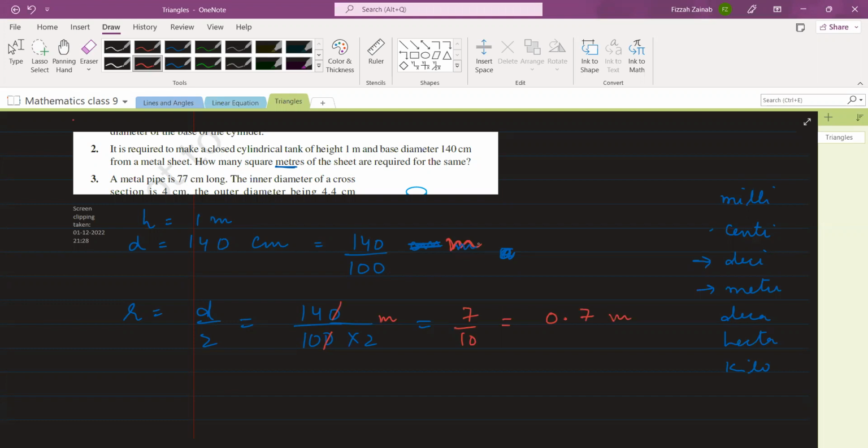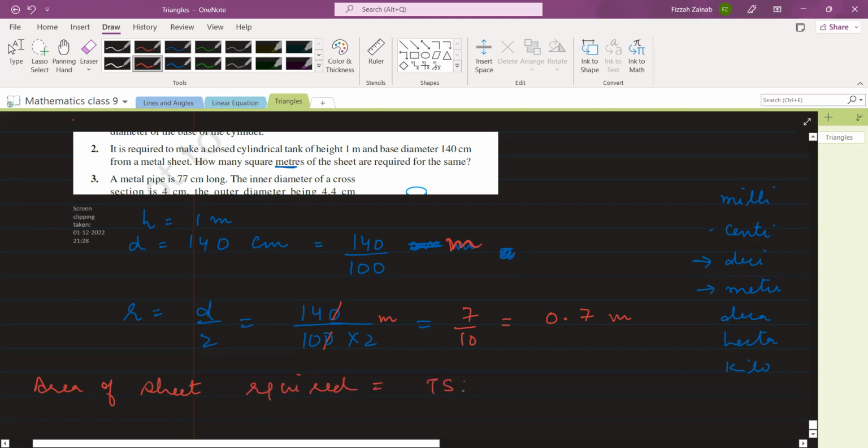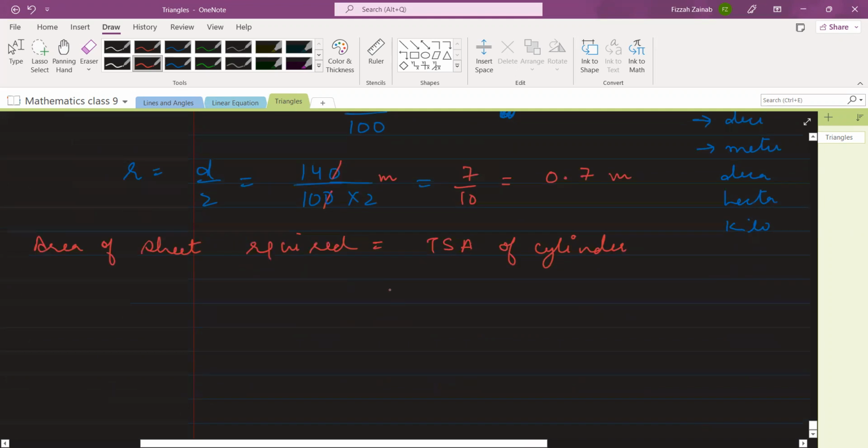How many square meters of the sheet are required? It is a closed cylinder. So that means total surface area you have to find, right? So area of sheet required is equal to TSA of cylinder. The curved surface area is 2 pi r h plus 2 pi r square, the area of top and bottom.